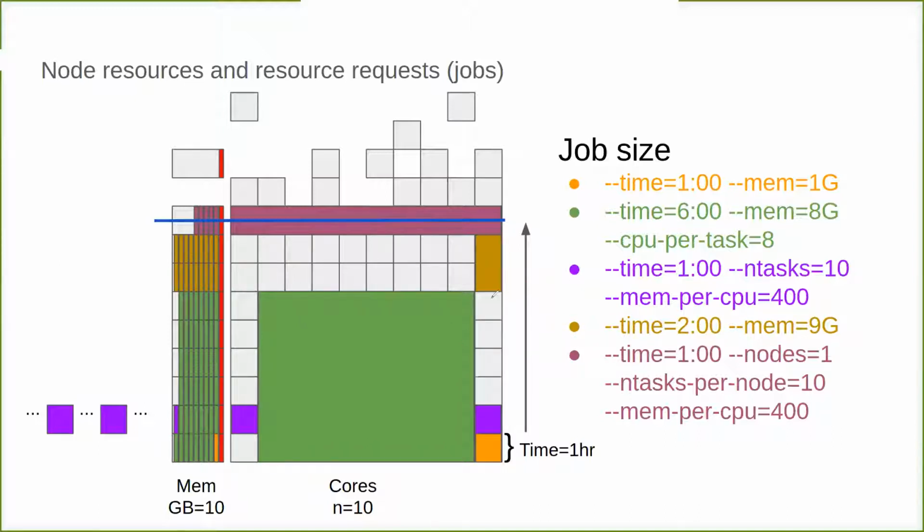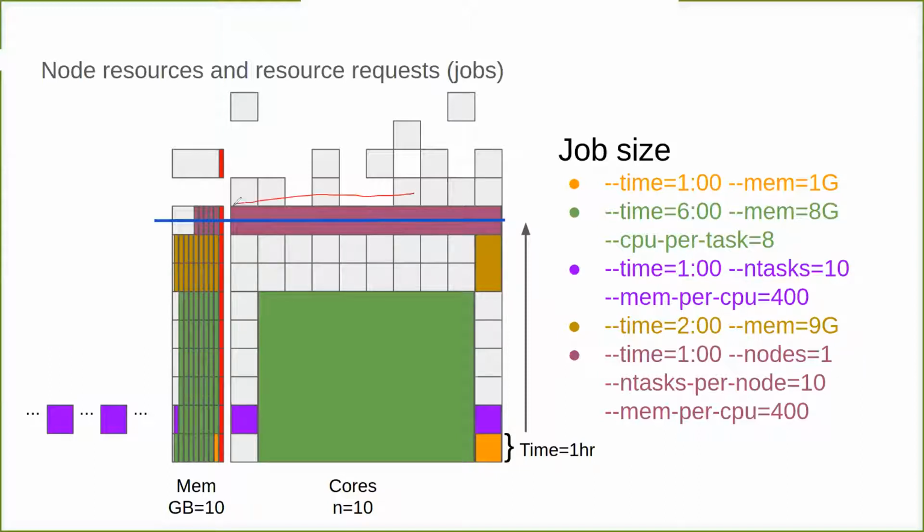All the while there being plenty of cores, but not enough memory to run that job. And then finally, there is a single hour job on a single node requesting 10 cores.